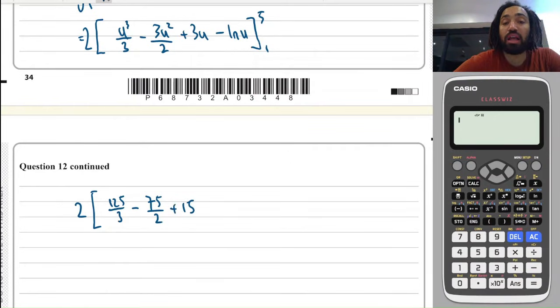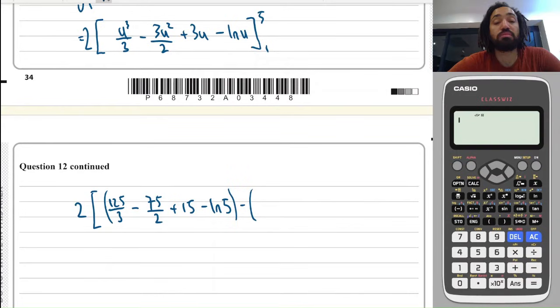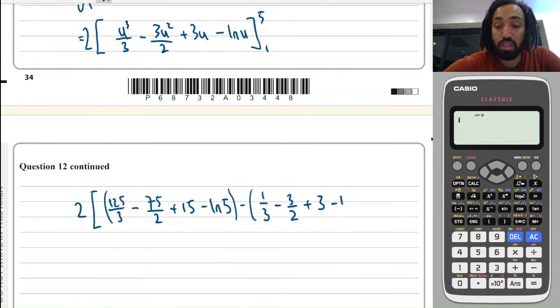And I'm going to get minus ln of 5. And then I'm going to take away 1, so I'm going to get 1/3, and I'm going to get minus 3/2, and I'm going to get plus 3, and I'm going to get minus ln of 1, which is 0, so I can leave that out.